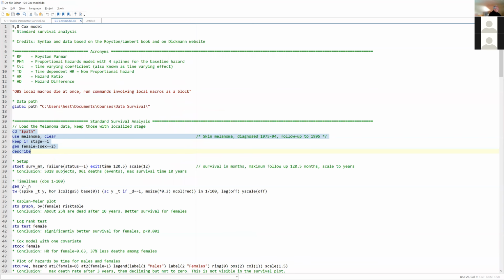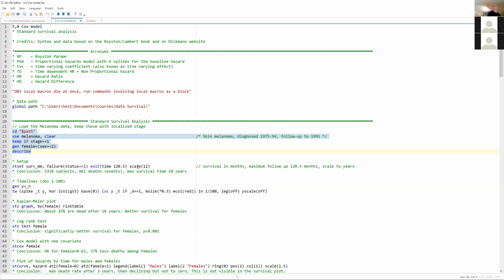Now let's stset the data. So we write stset. Survival time in months is our time. Failure is status equal to 1. That's the indicator of death. And then we would like to limit the length of the study to 120 and a little bit months. That's because the data is thinning out at the end.